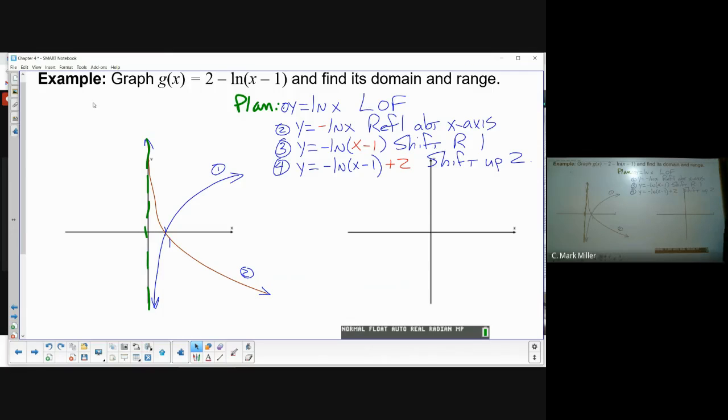We're going to shift this brown guy over to the right 1. Now, I'm going to first shift its features. For example, that 1 x-intercept is going to go over to 2. This vertical asymptote on the positive y-axis is going to move over 1.